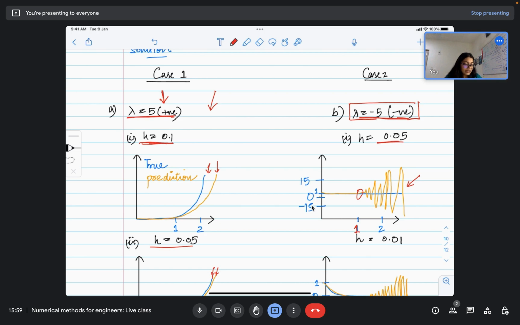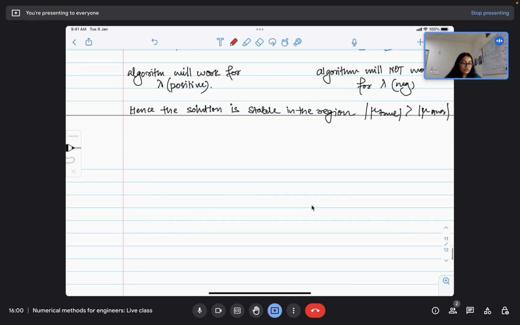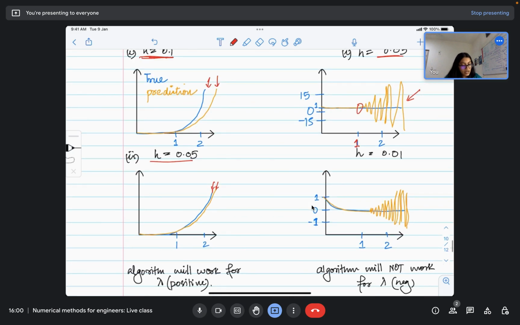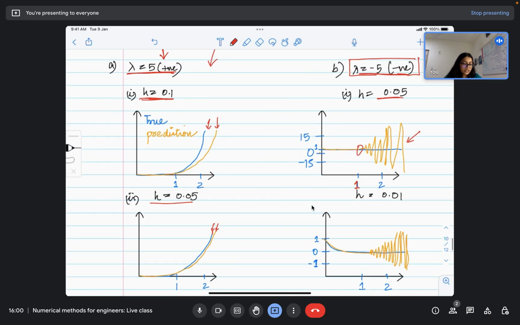But after that, it completely diverges and does not come to the true solution. Similarly, when the lambda value is negative and we use a better h value, again it stays mostly close to 1, but it again diverges.